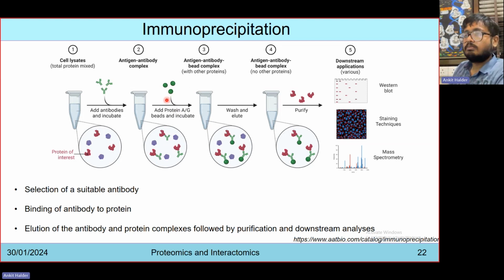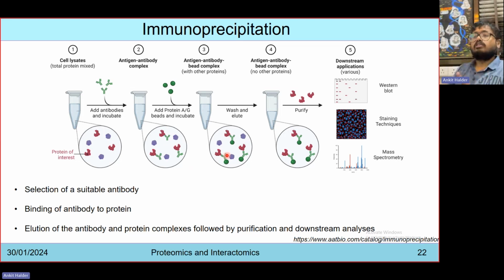Because protein A and protein G have an affinity towards IgG, and the antibody that is mostly used is IgG. So protein A and G will pull down the antibody, and once you elute it out, this will pull down your antibody and the protein complexes together.